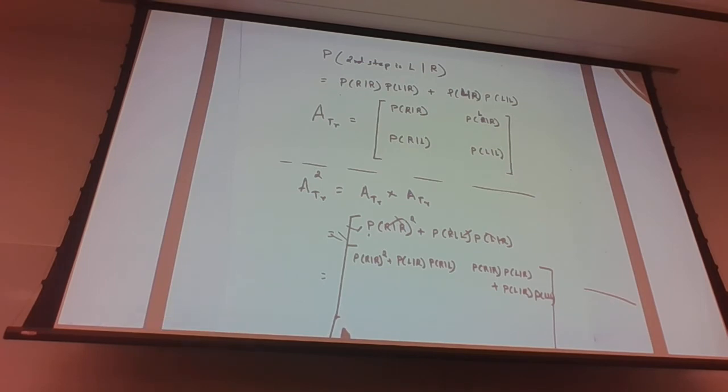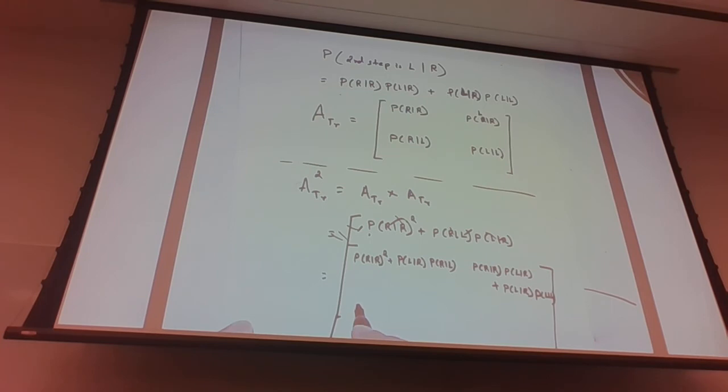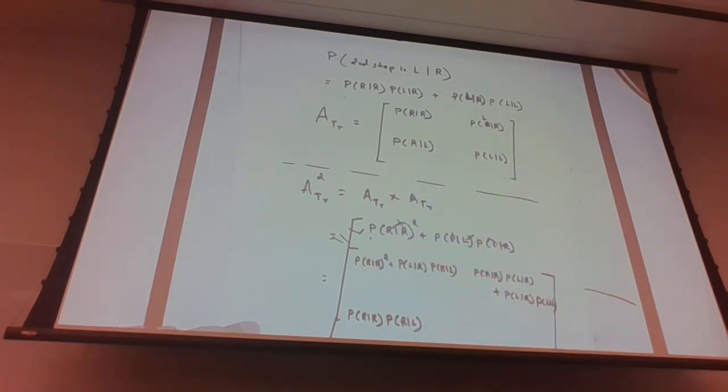Then the next one is this multiplied by this. So P(R|R) multiplied by P(R|L) plus P(R|L) multiplied by P(L|L), right? And this one is this multiplied by this.